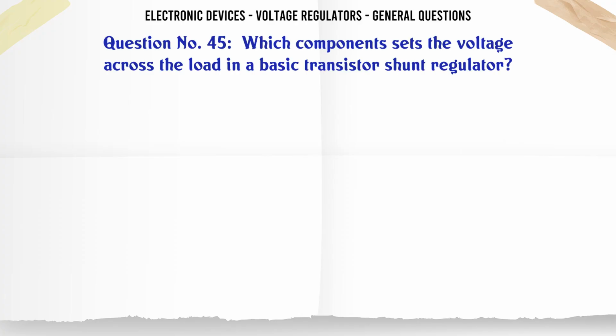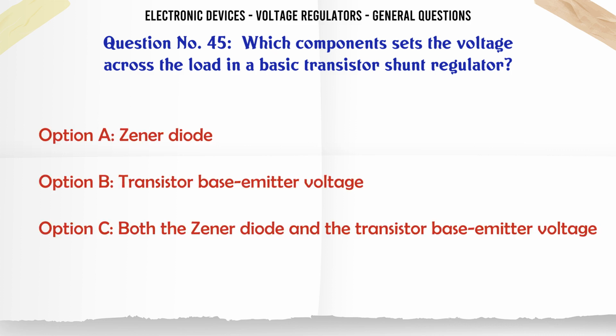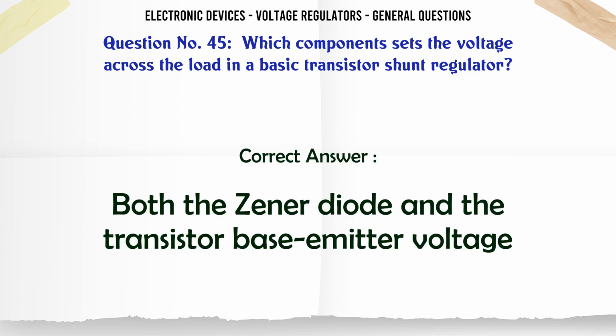Which component sets the voltage across the load in a basic transistor shunt regulator? A. Zener diode, B. Transistor base emitter voltage, C. Both the Zener diode and the transistor base emitter voltage, D. None of the above. The correct answer is both the Zener diode and the transistor base emitter voltage.